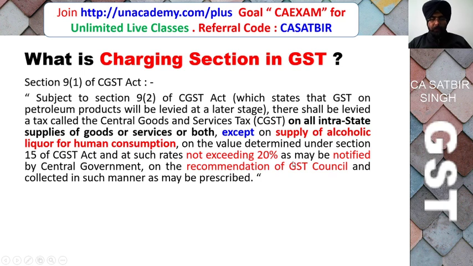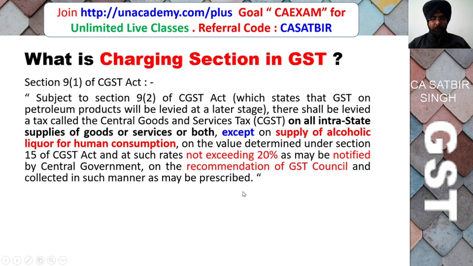And what is the maximum rate of GST that can be levied under the CGST Act? It is 20%. It cannot exceed 20%. GST rates are notified by the central government after the recommendation of the GST Council, and state governments also separately notify GST rates. But the maximum CGST rate cannot exceed 20%, and the maximum SGST rate cannot exceed 20%, as may be notified by the central government on the recommendation of the GST Council and collected in such manner as may be prescribed.